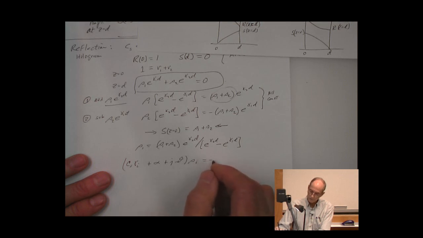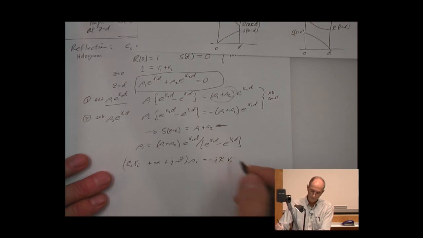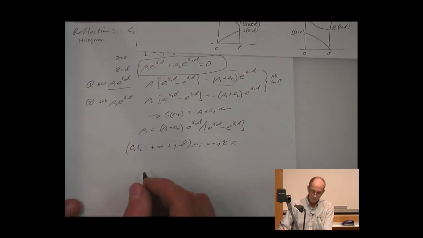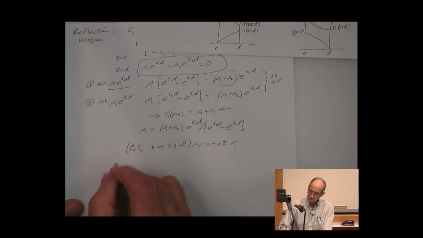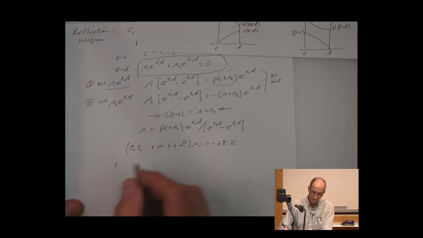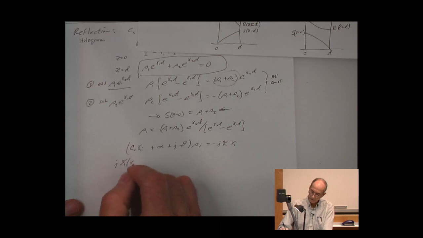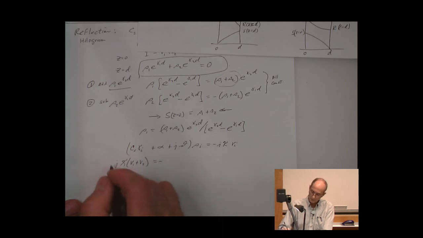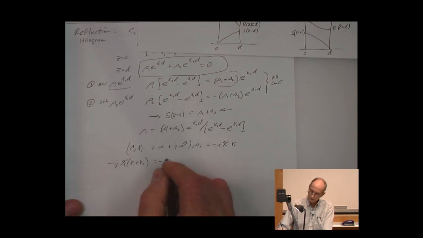That's equal to minus j kappa Ri, all right? And if we do that for, say, both of those terms, we then have j times, and we add them together, j times kappa R1 plus R2, right? But that's just equal to minus, sorry, there should be a minus there, minus j kappa, right?